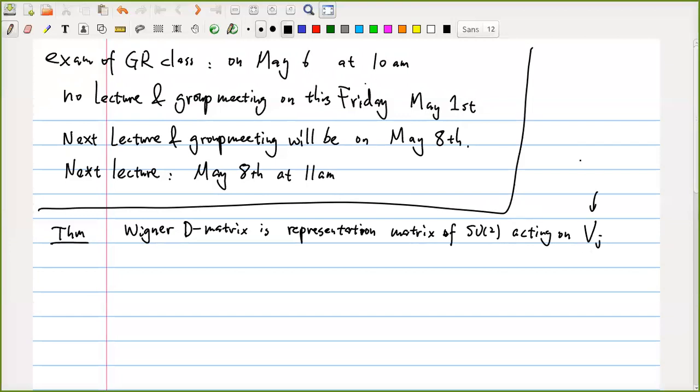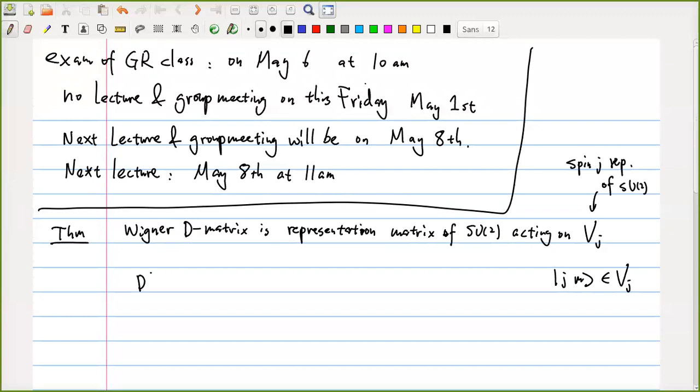This is something you should be familiar with from quantum mechanics: your |j m> basis belongs to this V_j.